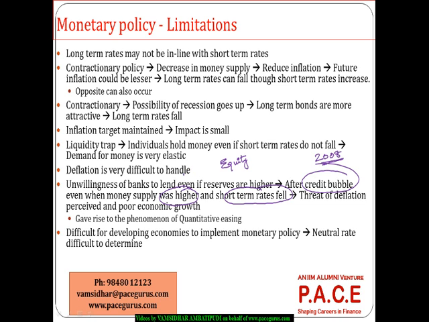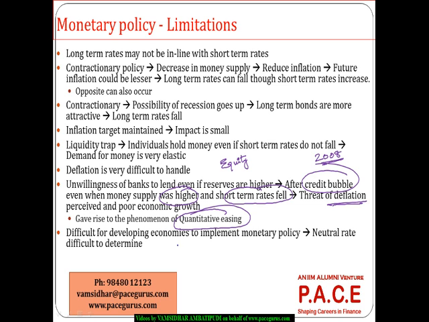Now it is becoming a headache for the central bank to motivate them to lend more and create enough reserves in the banking system, because they are perceiving a threat of deflation because of the poor economic growth that is still continuing in the majority of the countries.